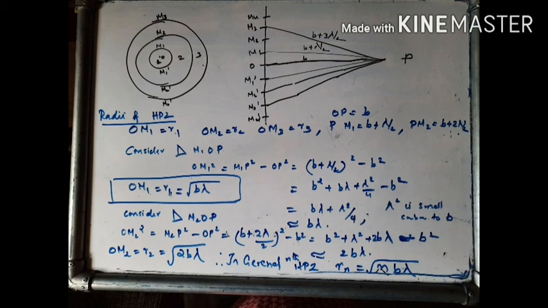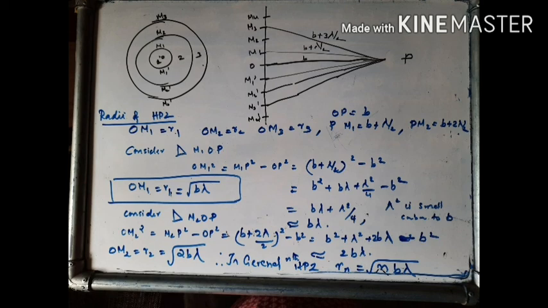Minus b squared and plus b squared cancel each other, and we get b lambda plus lambda squared by 4. You know that the wavelength of monochromatic light is of the order of nanometers, and the distance b is very large compared with that. Therefore, we can neglect the second term. So the radius OM1, given as R1, is equal to root of b lambda.